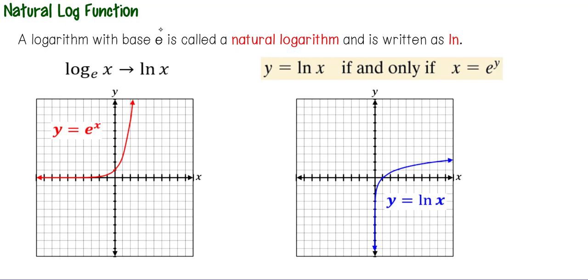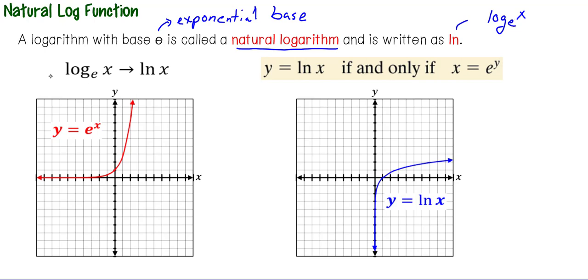So e represents the exponential base, and remember, like pi, that is a never-ending number. And ln just indicates a specific natural logarithm. So it could also be written as log base e of x.